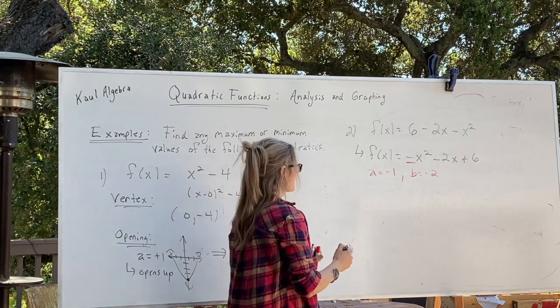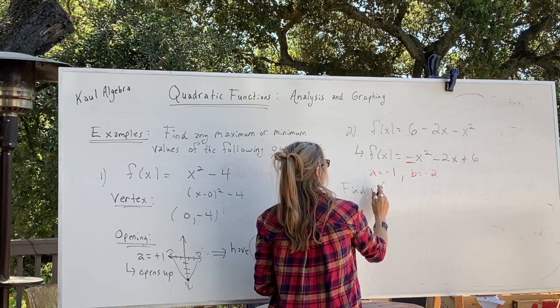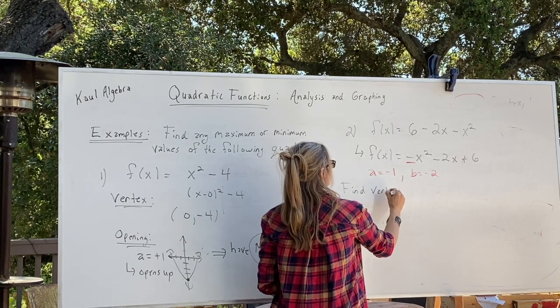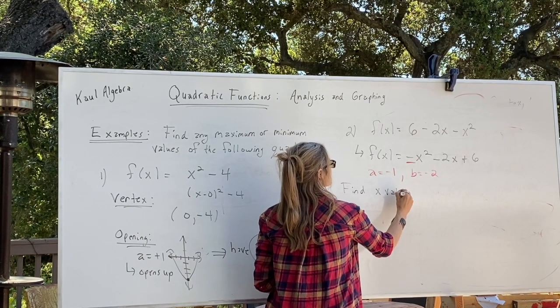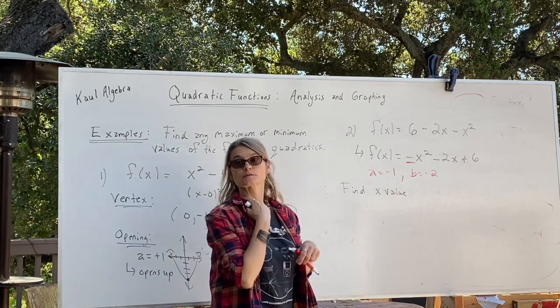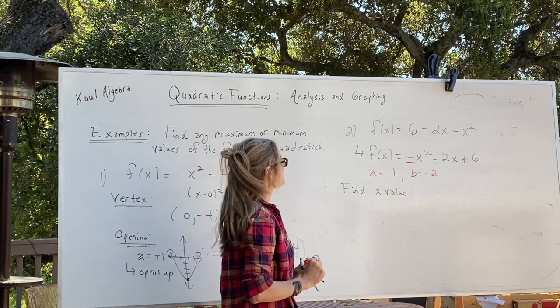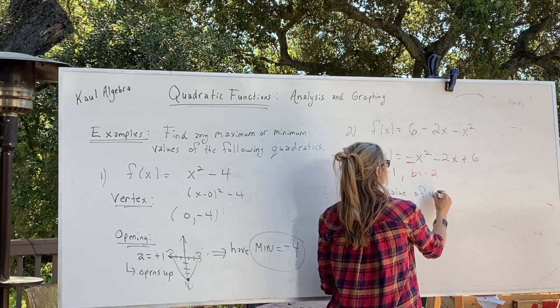Okay. So what I want to do is find the x value of the vertex. You don't need to find the whole thing unless I really want to. Here I just want to find the maximum or minimum, so I could condense my steps a little bit. So find the x value of the vertex.